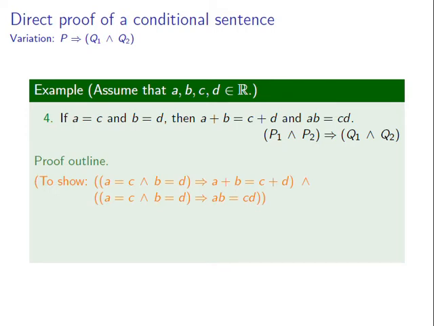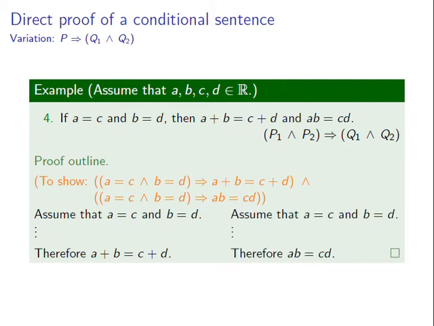To prove the claim, we need to prove that A equals C and B equals D implies A plus B equals C plus D, and A equals C and B equals D implies A times B equals C times D. A direct proof of the claim begins by assuming that A equals C and B equals D. In the first part, we shall deduce that A plus B equals C plus D, and in the second part, we shall deduce that A times B equals C times D.